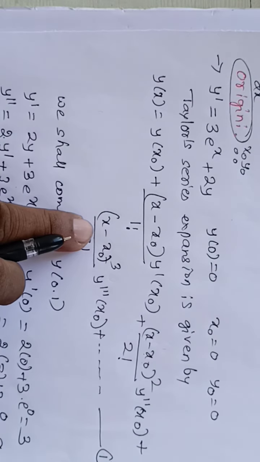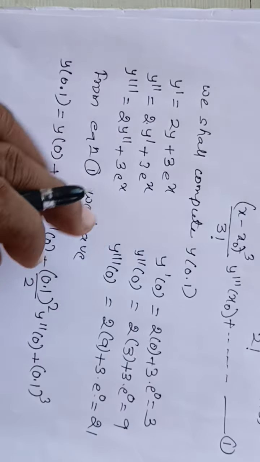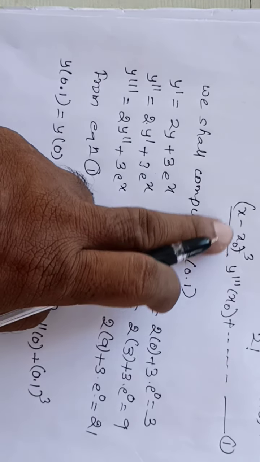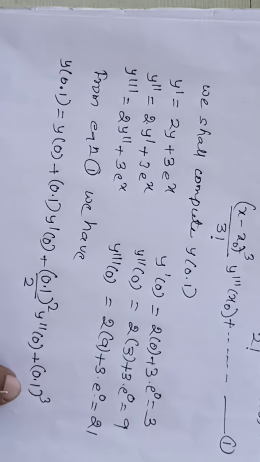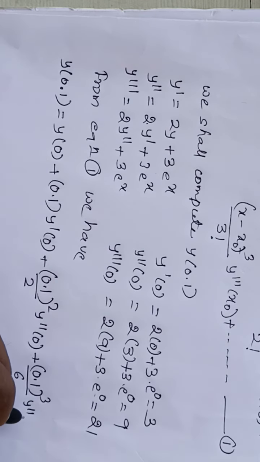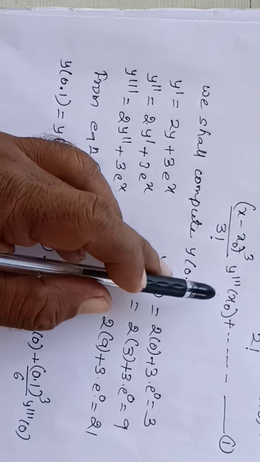This is x minus x naught, so 0.1 minus 0, 0.1 the cube divided by 3 factorial. It is 3 into 2, 6. Next, y triple dash of x naught. x naught is 0.